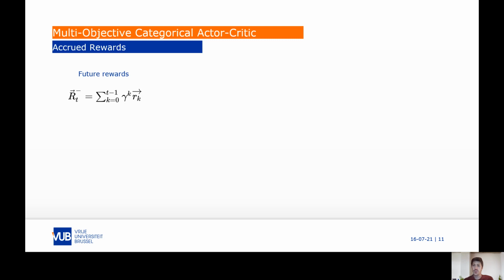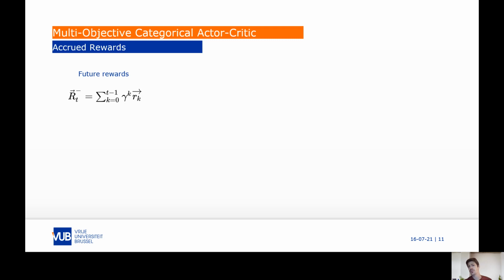How does this work with our algorithm? Well, we're proposing here multi-objective categorical actor-critic, which can cope with nonlinear utility function under the ESR setting. And in order to do that, we're going to take care of two things. First is that the utility function needs to be applied on the whole episodic return. For that, we cannot simply look at the future rewards.